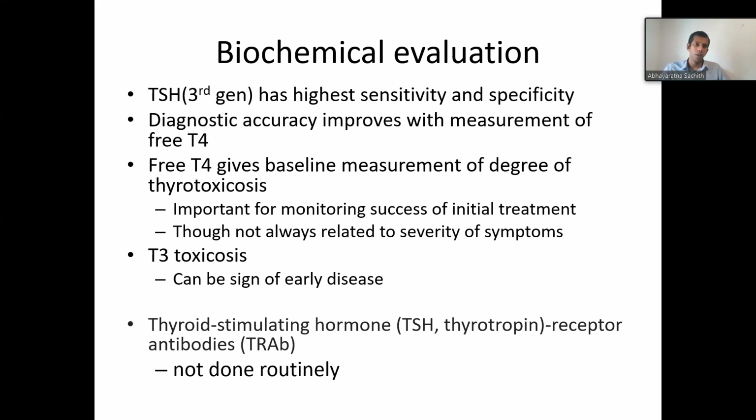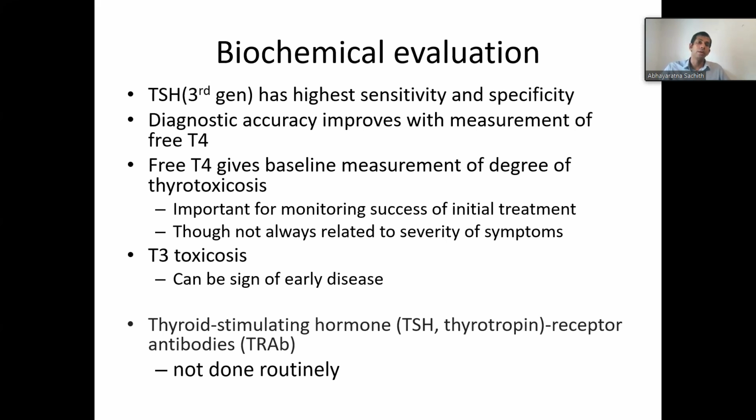TSH will be suppressed in all hyperthyroid conditions. And then most of the time we do the free T4 level as well. That improves the diagnostic accuracy and gives us more information about the severity of the condition. Because sometimes, if you have seen the reports, it will come as less than 0.001, and we don't know beyond that what the severity is.